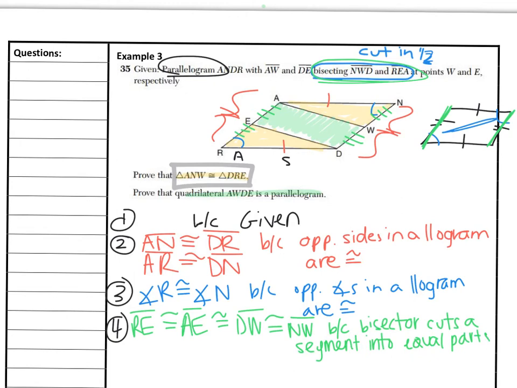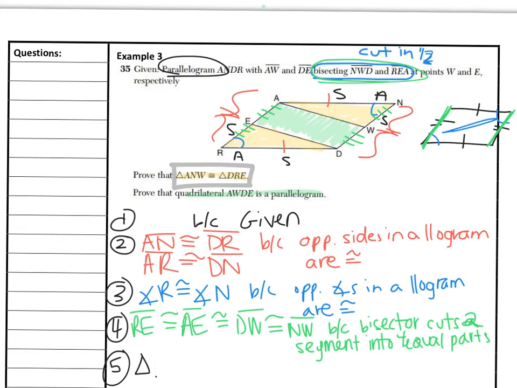And technically we're cutting 2 segments into 4 equal parts. So if you want to do that, then we can deal with that too. So now when I look at this, we've got this other pair of sides on here. I'm just not marking it up on the second triangle. I totally could.